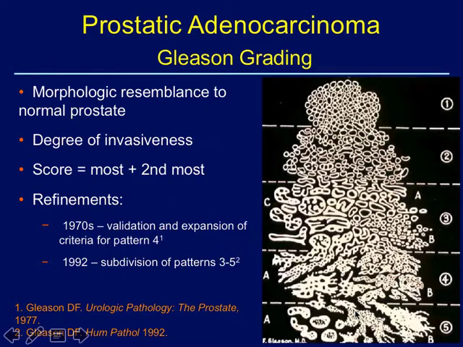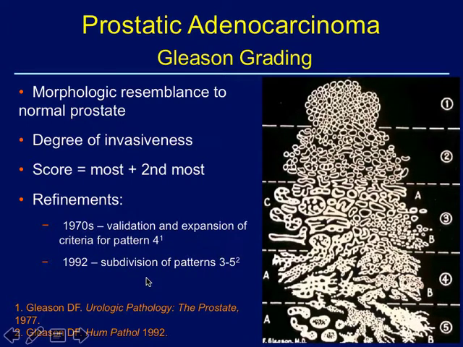What is not very well known is that Gleason himself did a whole lot of refinements to his Gleason grading system over the next almost 30 years. The first that was published was in the 70s when he really showed that the system worked. By this time he had done this in over 4,000 patients, and it really held up prognostically. And he also redefined some of the criteria for pattern 4.